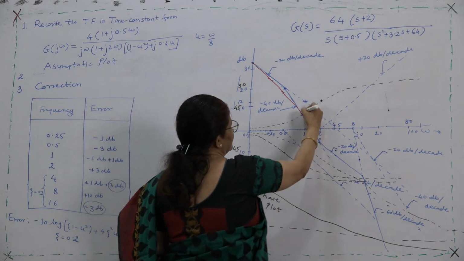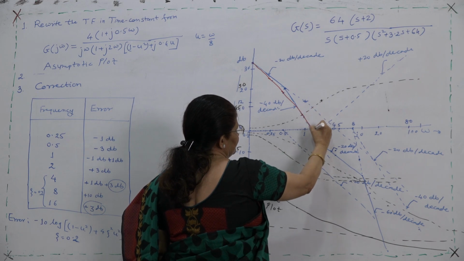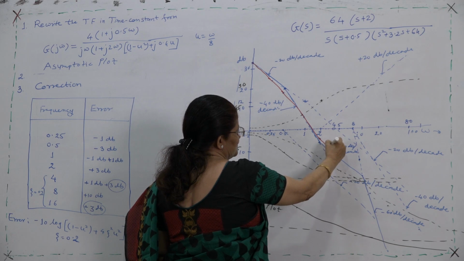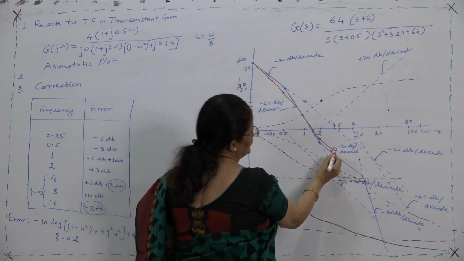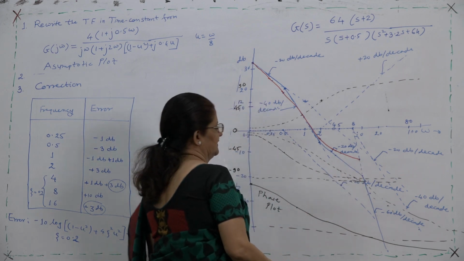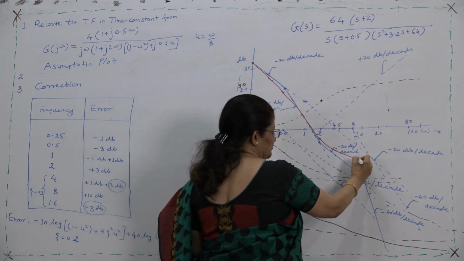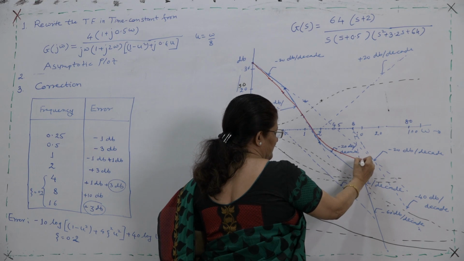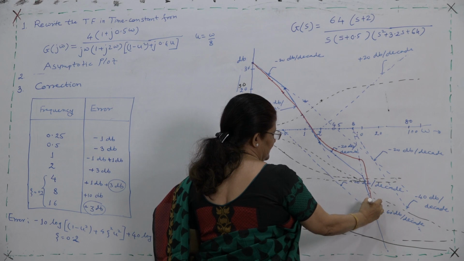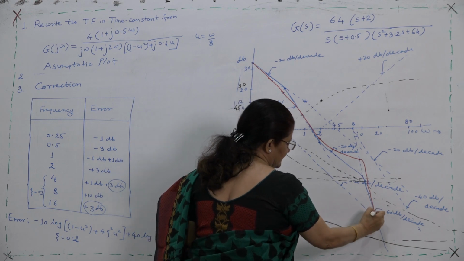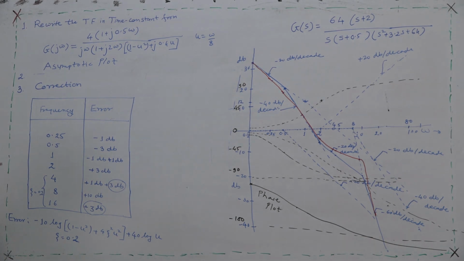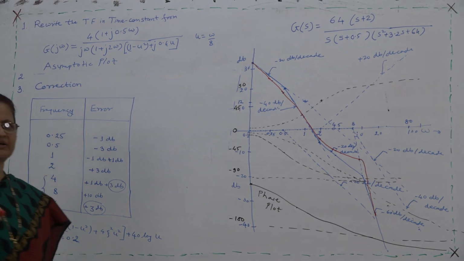Then you have to connect this, next you have to connect this, and then you get this peak, and from that peak you connect it to the asymptote. So, whatever is the red line is your actual magnitude plot.